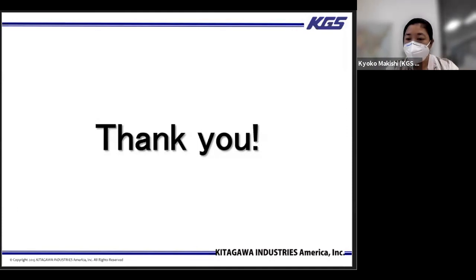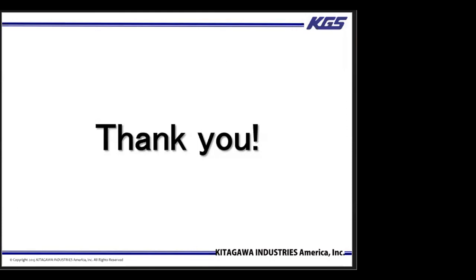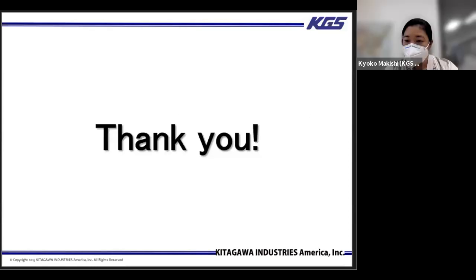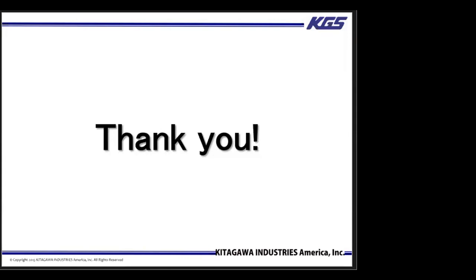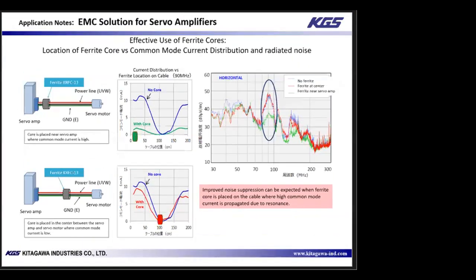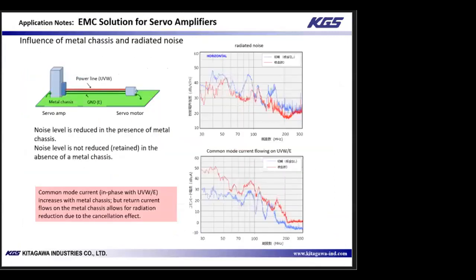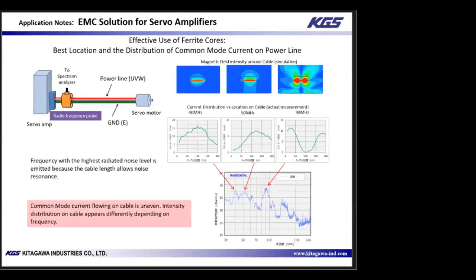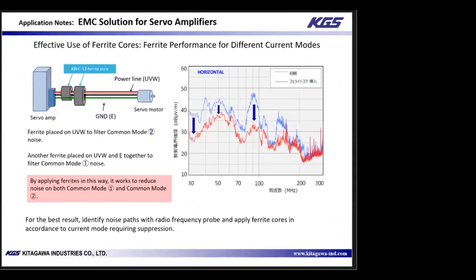There's some addition to that question, I believe. For example, with the servo motor and 2 ferrites, we expect a single ferrite placed on each UVW line. Lynn, are you able to flip back to that slide? Is this the one?